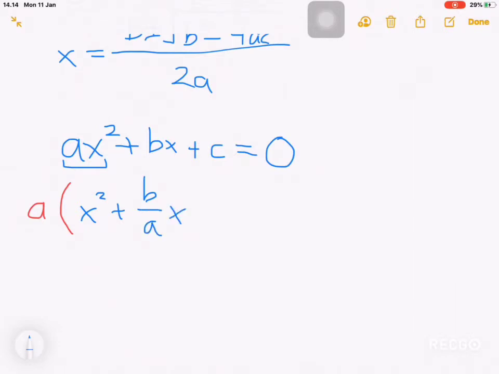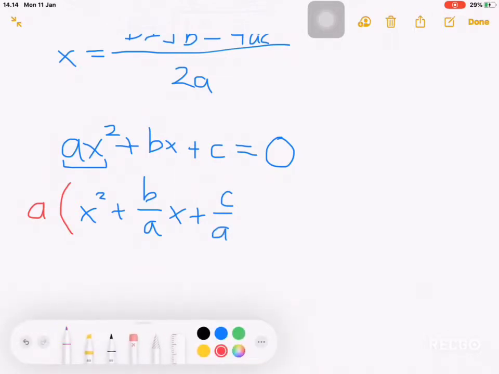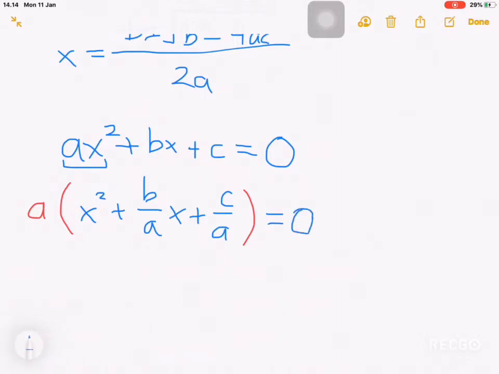Notice if you distribute the a back, you just get bx. Next we have c over a, and this is all equal to 0. And notice you can divide both sides by a, and the 0 doesn't really change because 0 divided by anything is just 0. So we're only left with this equation right here.